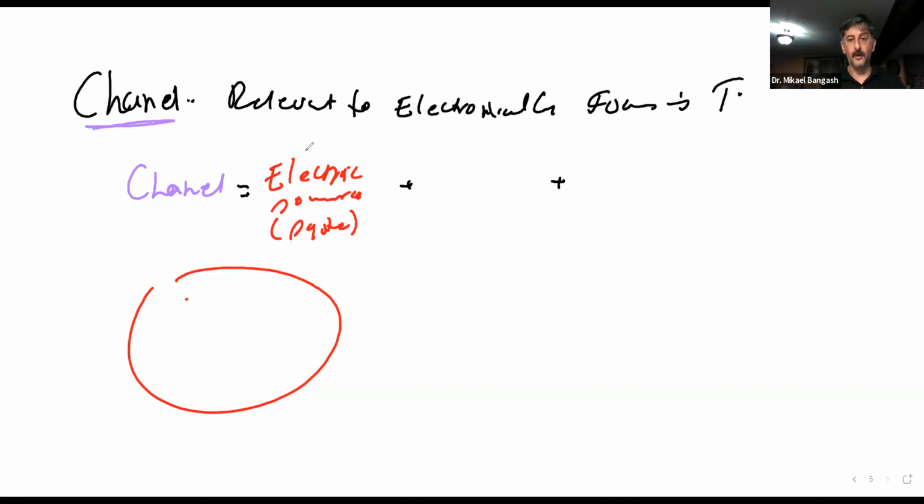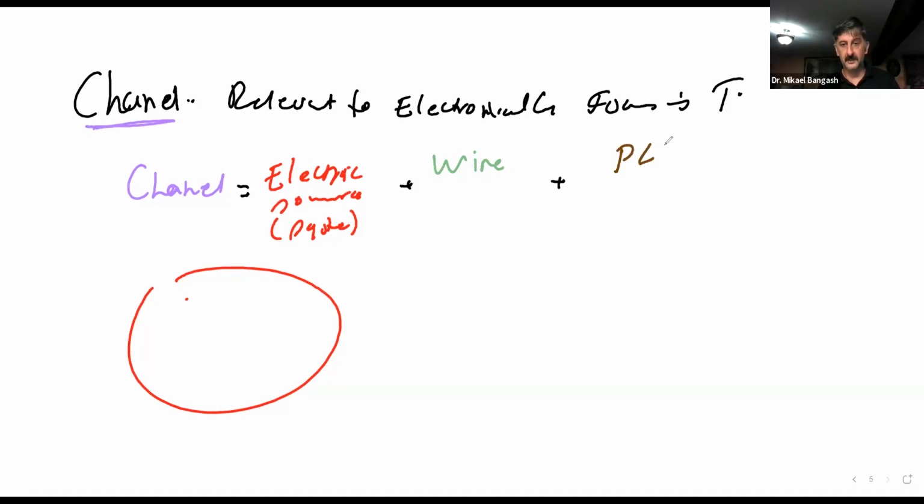Now, as we already also know, for an electrical signal to travel, we need a wire. So that's going to be an electrical wire. And the last component of your channel is mainly going to be, with that electrical signal that was produced by the system, which traveled through the wire, converted into a sound wave.